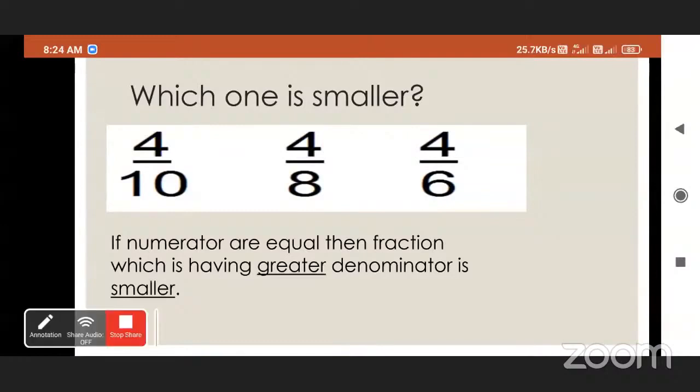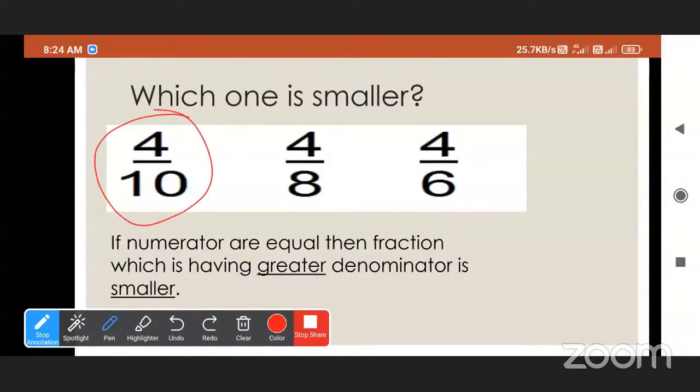So we have to note that. So here 4 upon 10 is the smaller fraction.